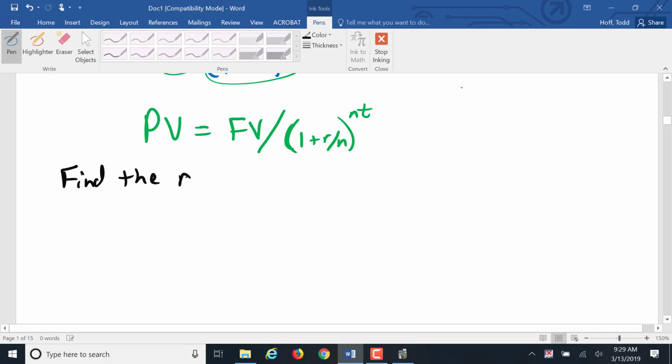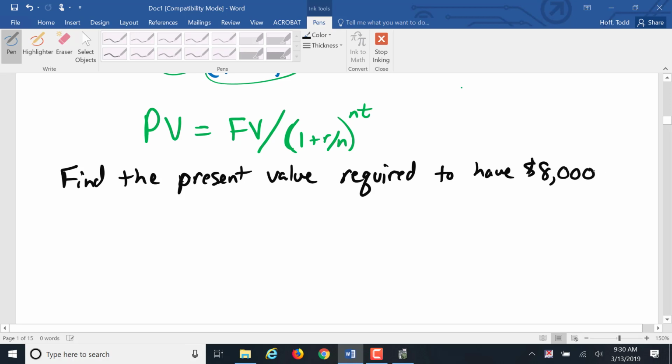But let's find the present value required to have $8,000 after 5 years at 5.9% compounded quarterly.